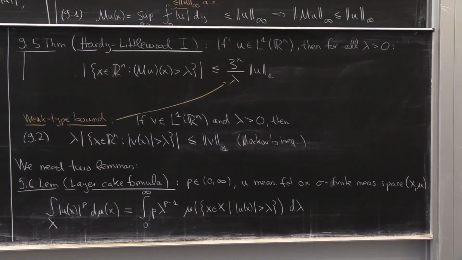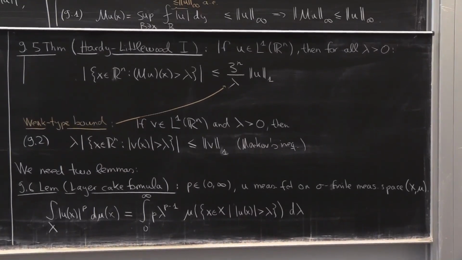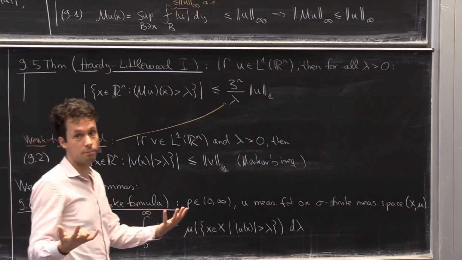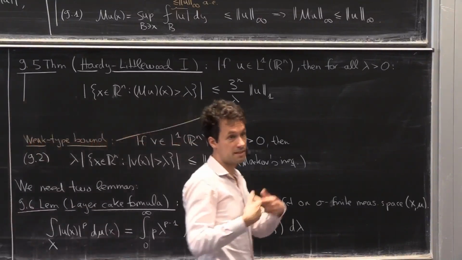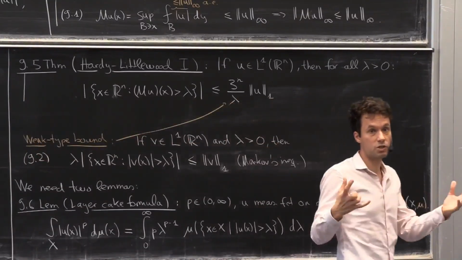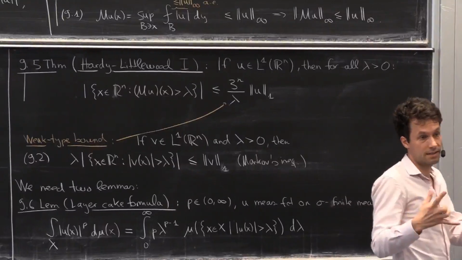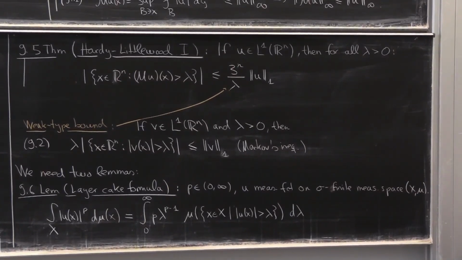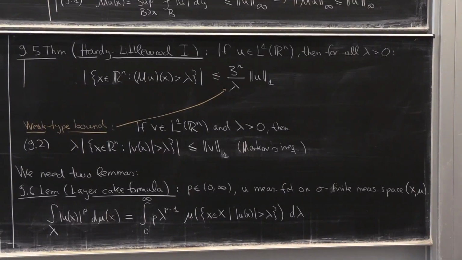Maybe the idea already becomes clear in your mind, and the Vitali covering lemma is a way of extracting from an arbitrary finite cover of a set by balls a subcollection of disjoint balls that also covers your given set in a very specific sense. And this very specific sense is as follows.